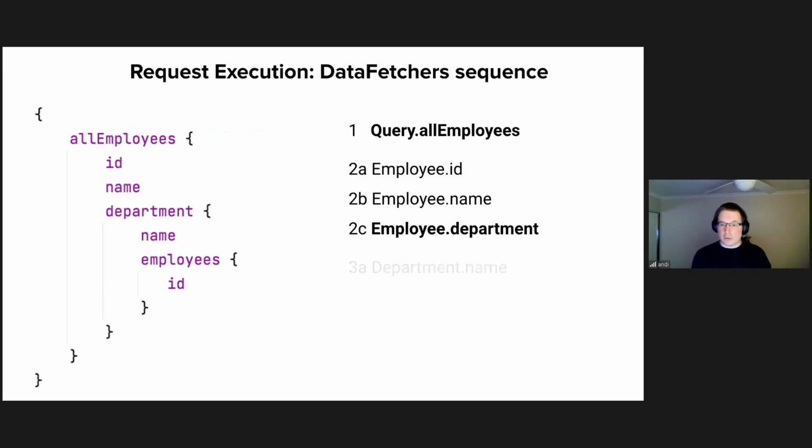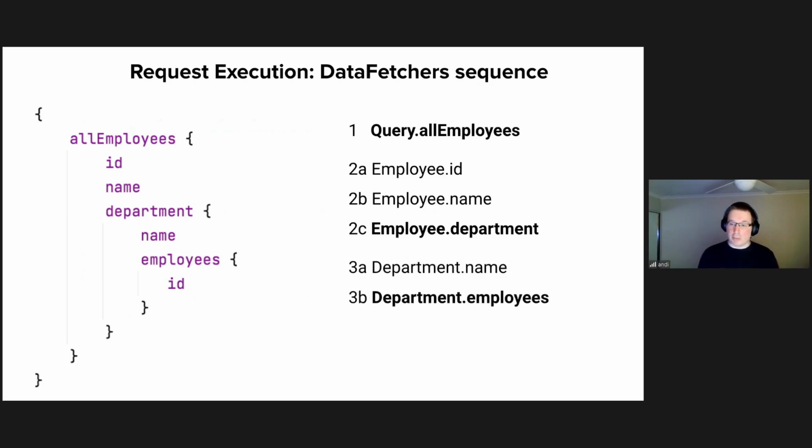And after this, we can call the department name and department employees data fetcher at the same time. And finally, we call the ID data fetcher for the employee. So I hope this gives you an understanding of how the static definition of data fetchers to fields actually are used at execution time by the engine to fulfill your request.